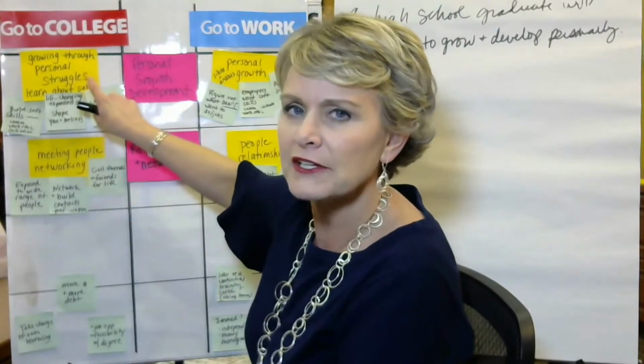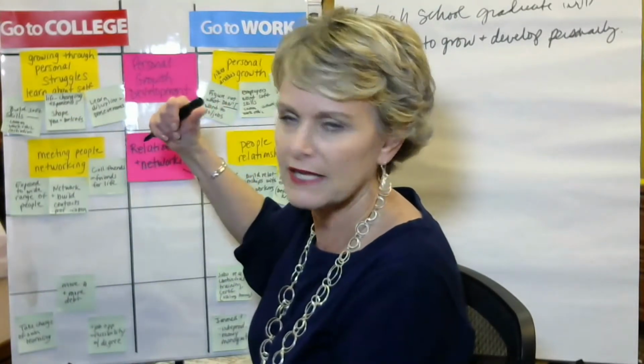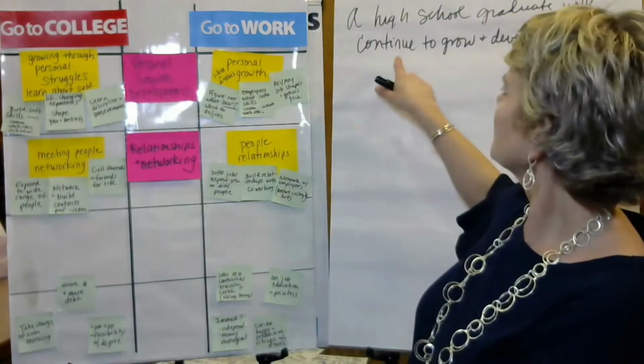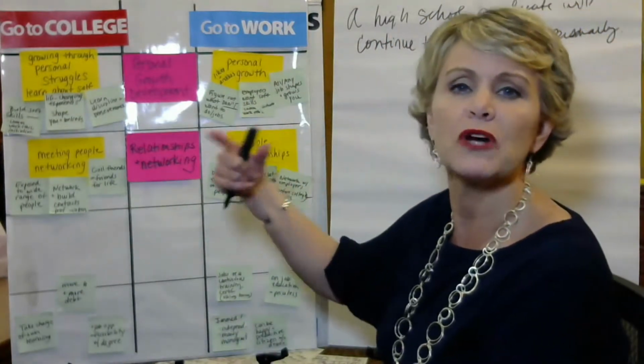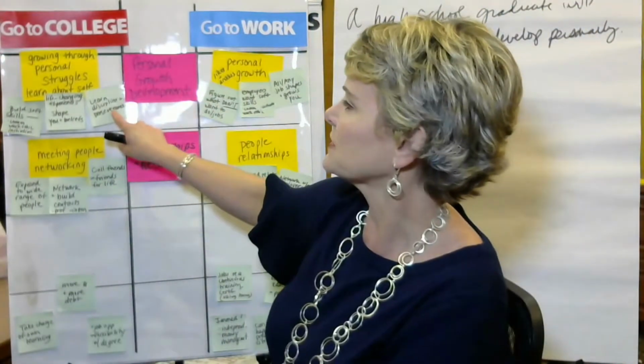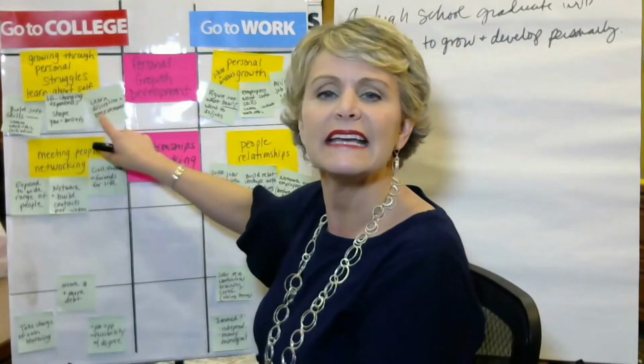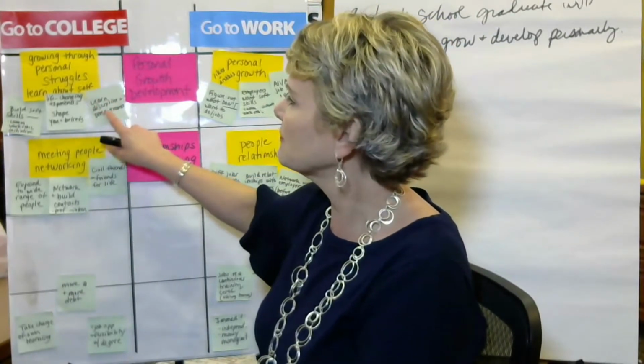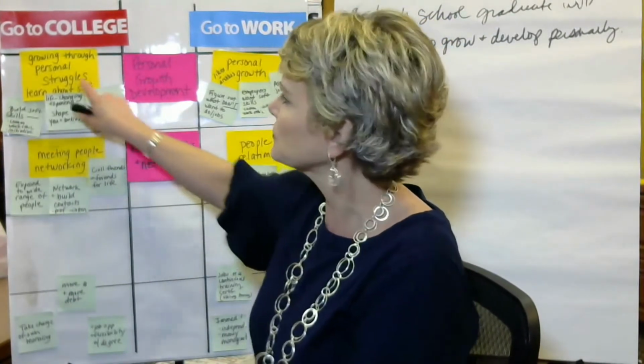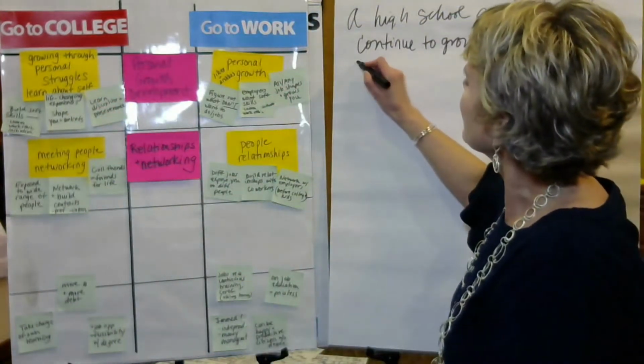That's really good fodder for the sentences that I'm about to write. So I want to talk about where in college do we grow personally? How do we grow personally? And I see this idea that it's discipline and it's perseverance through struggles, through personal struggles. You're learning about yourself. So maybe I'll say that.